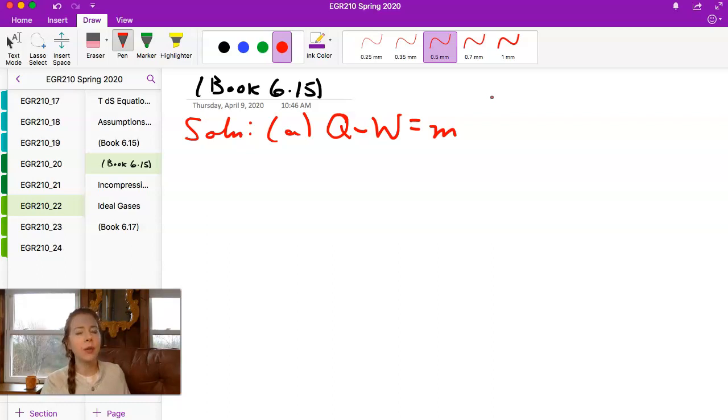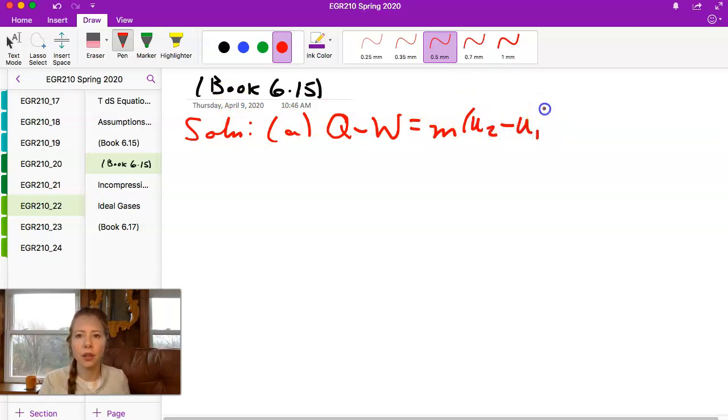So we're going to be dealing with internal energy, not change in enthalpy. And the other thing is we can ignore kinetic and potential energy effects. So we just are looking at the change in internal energy. So Q minus W is equal to M times (U2 minus U1).